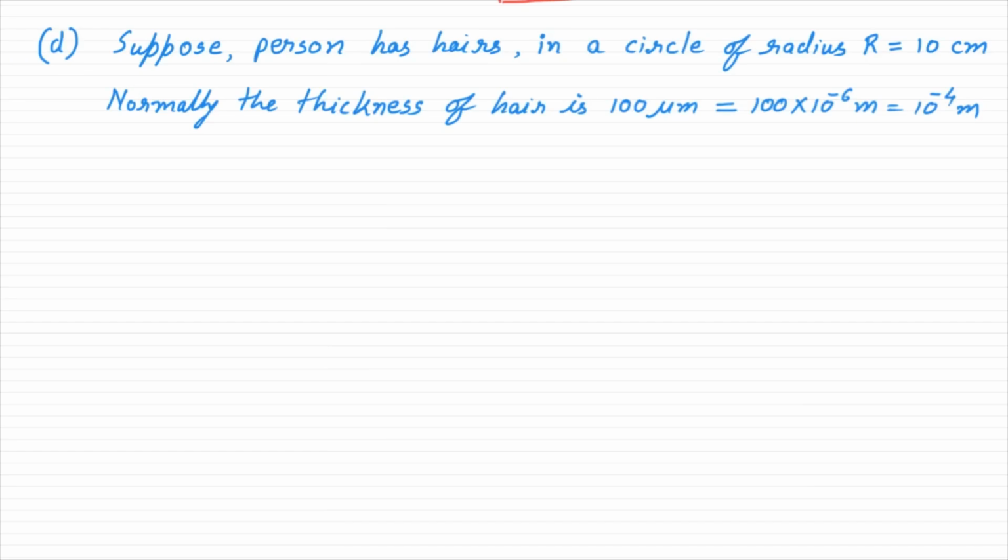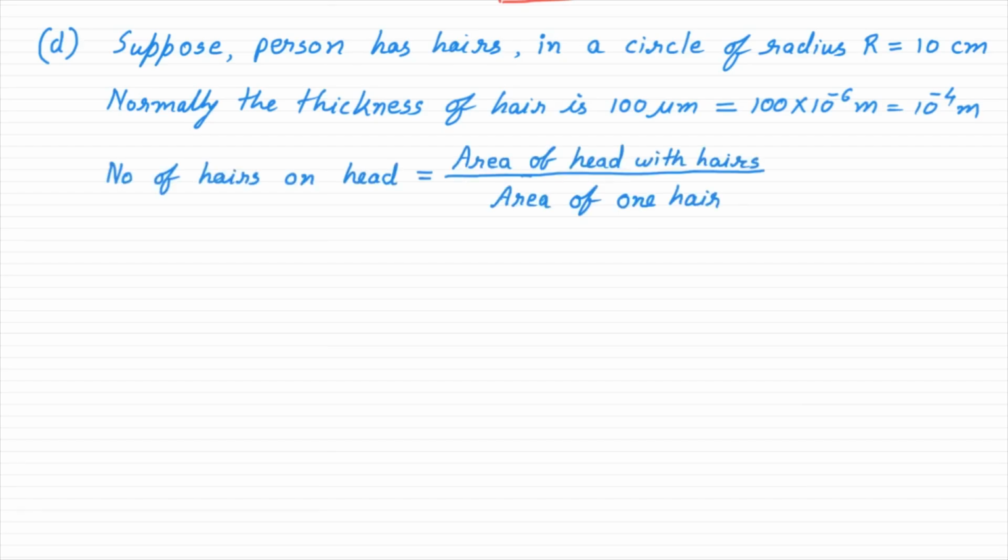Now from the radius of the head where the hairs are, we can find the area of that portion, and from the radius of hair we can find the cross sectional area of one hair. By taking the ratio of these, we will get the number of hairs on the head.